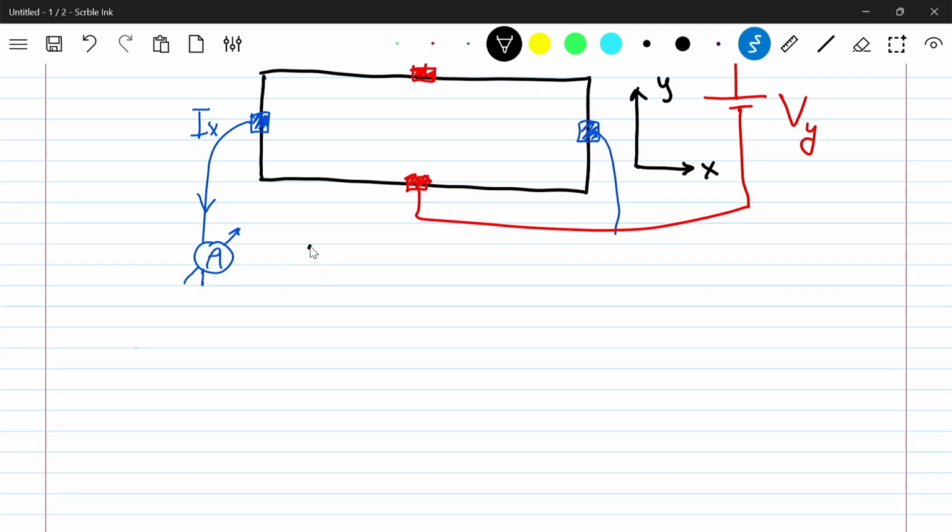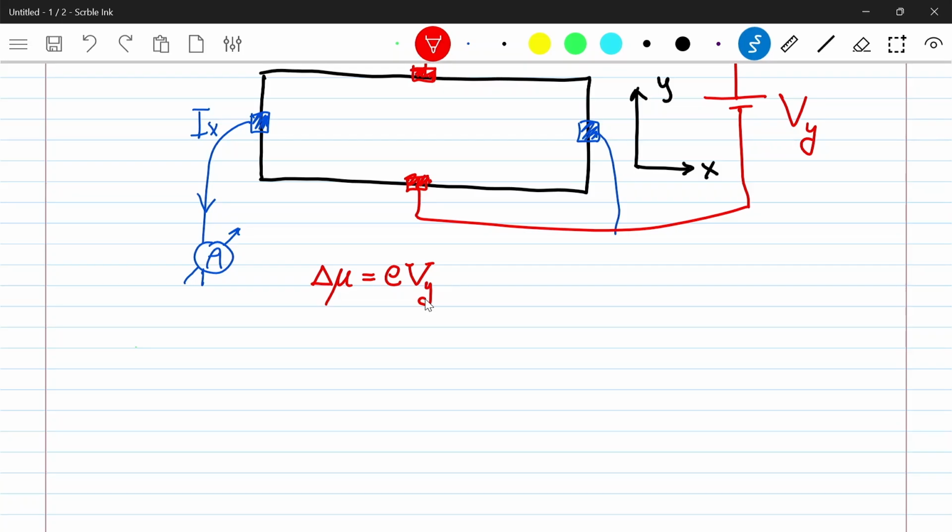Let me write down here: there's a delta mu, which is just E times Vy, and that's a difference in the bias, in the Fermi energy, essentially, between the two sides across the system.